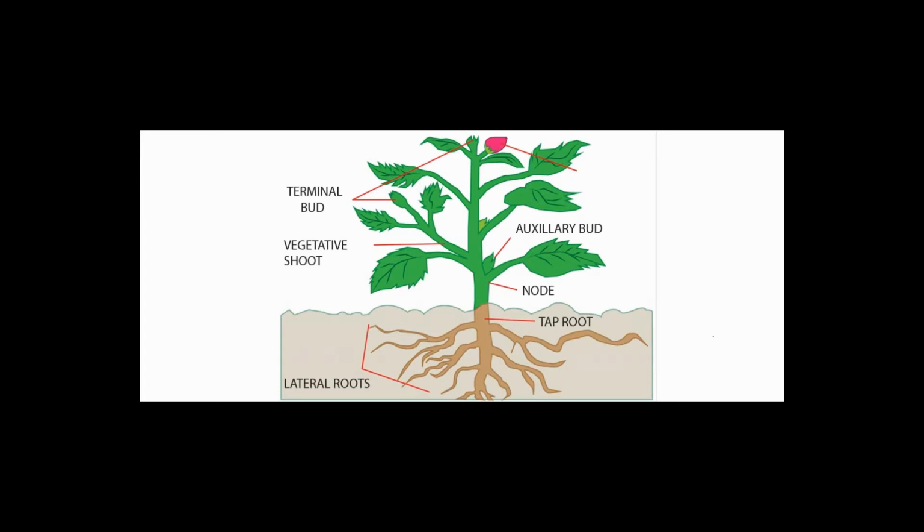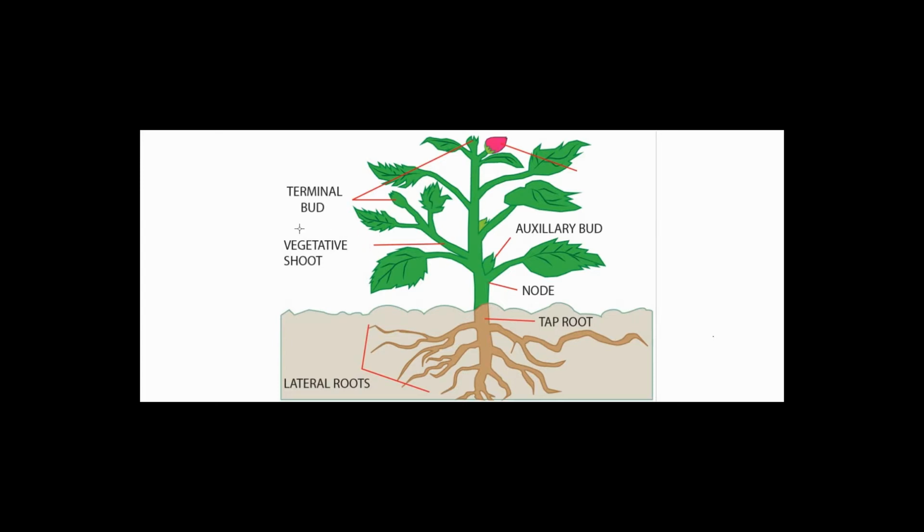And in the upper part of the plant, we have what we call the node, wherein flowers, leaves, or fruit might grow. If you will observe, we also have the axillary bud. This part of the plant can grow either fruit or leaf.